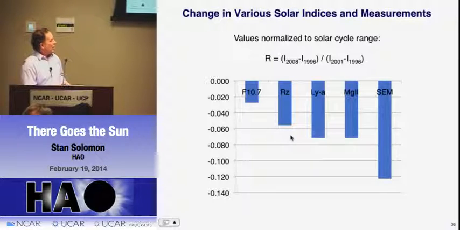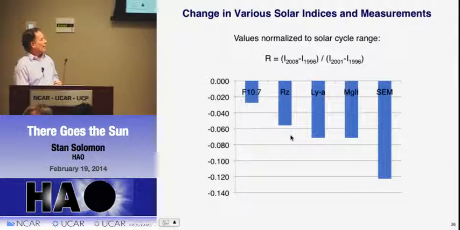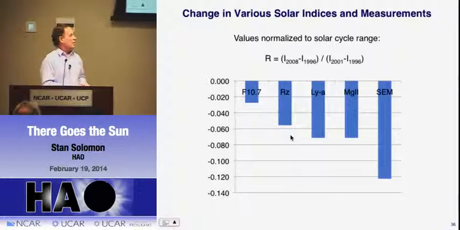The Lyman alpha composite and the magnesium-2 core-to-wing ratio composite, these obtained from Tom Woods and Rodney Viereck respectively, are in very good agreement. There's definitely uncertainties on these, but they have the virtue of being in the middle of the expected range, and they have the virtue that when you use these indicators in actual models, you get about the right answer.